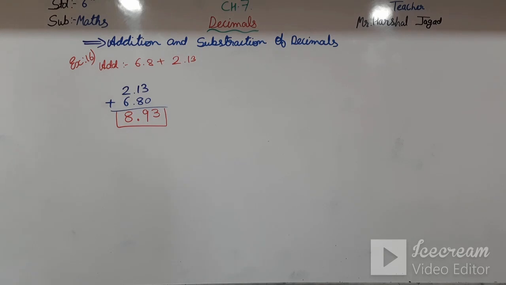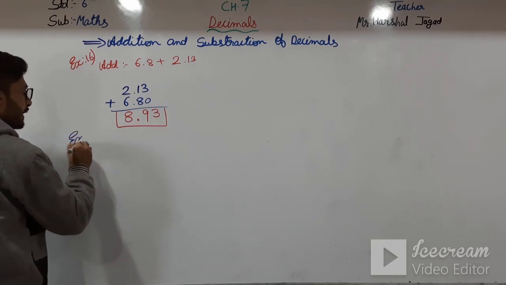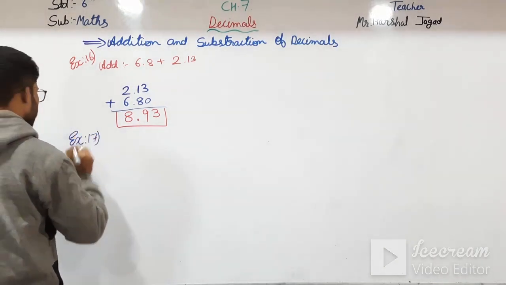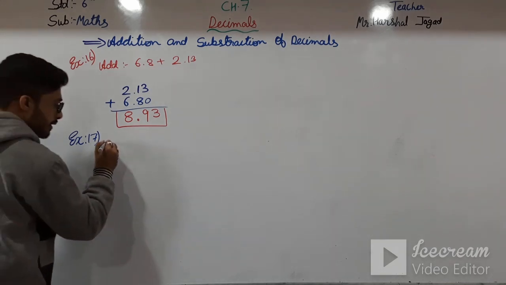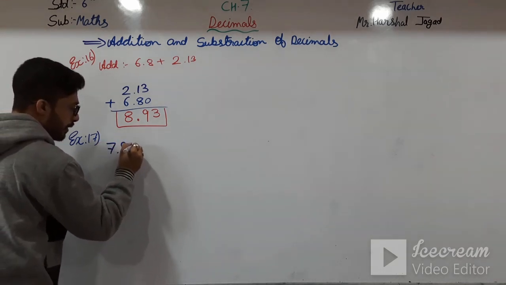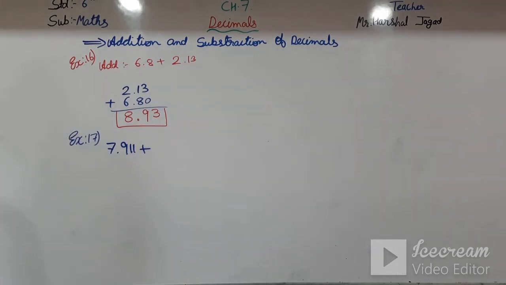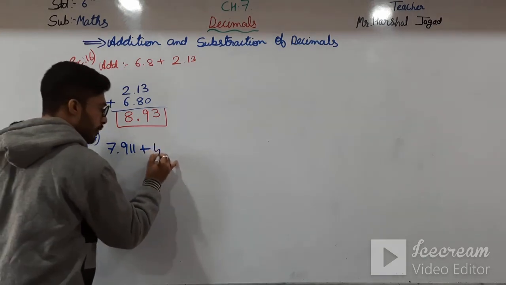And moving towards example number 17. Example number 17, that is add 7.911 plus 4 plus 3.7.